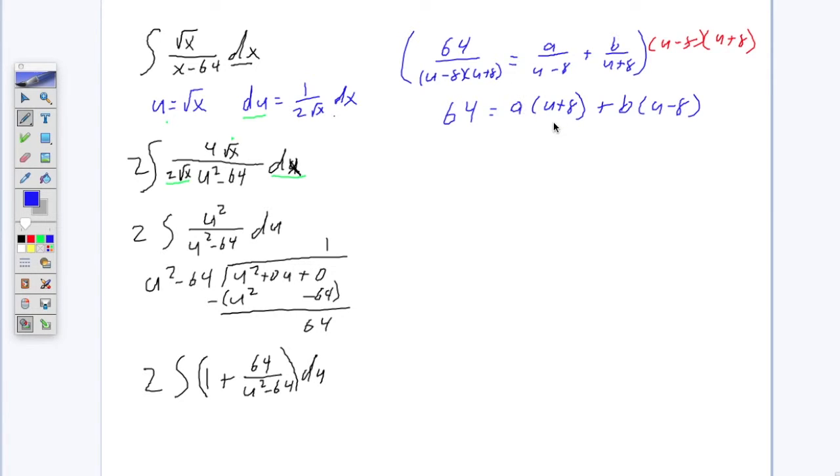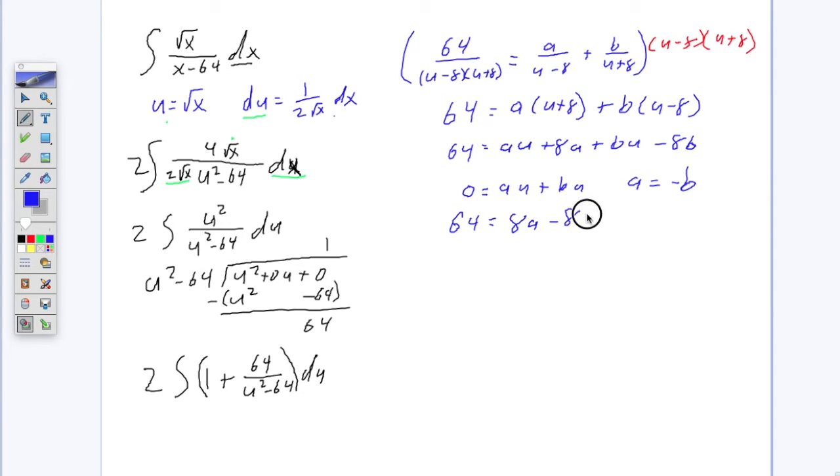So this is A, and that's B. So 64 is equal to Au plus 8A plus Bu minus 8B. 0 is equal to Au plus Bu. So A has to equal minus B in order for that to be true. And then 64 is equal to 8A minus 8B.